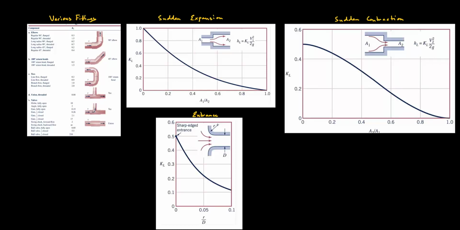And so here are tabulated several loss coefficients. So in the left image, we see loss coefficients for various fittings. So here we have 90-degree elbows, 45-degree elbows, T-valves, and different things like that.